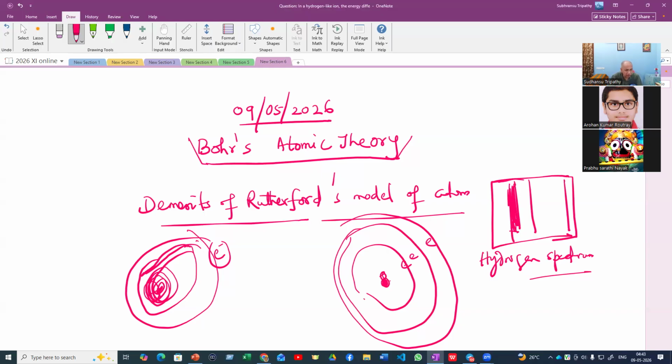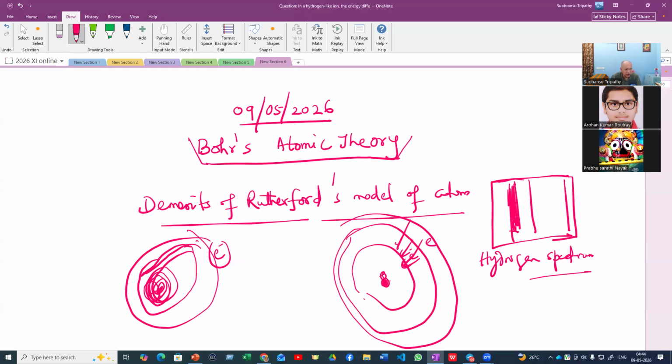If the electron would have acquired any amount of energy, that means there would have been an infinite number of orbits. So infinite number of transitions, not 2 to 1, 3 to 1, not like that.